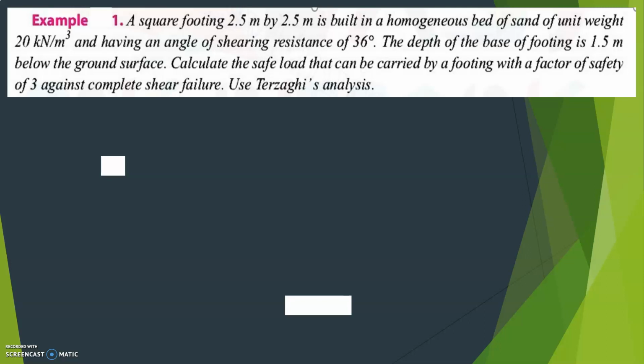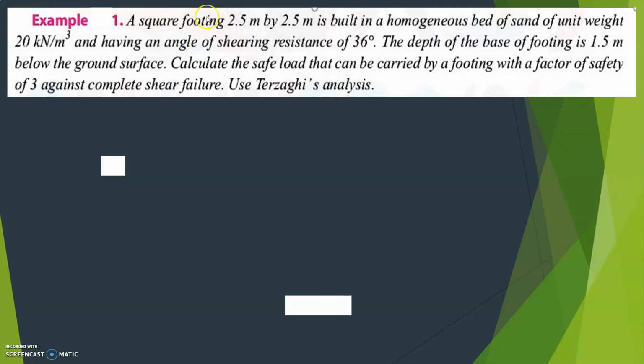Then net ultimate bearing capacity QNF, that is nothing but QF minus gamma D. Next, safe bearing capacity, that is QS, equal to net ultimate bearing capacity divided by factor of safety plus gamma D. Once you know all these things, you can solve any type of problems.